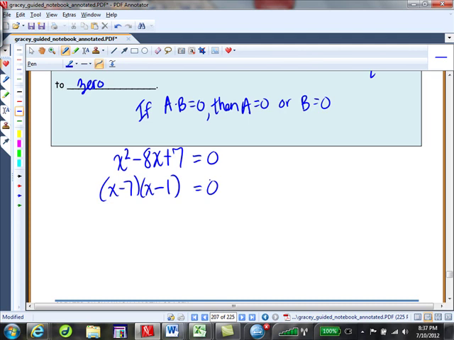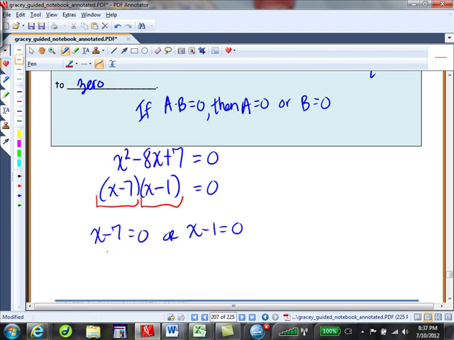Now, what the zero product principle says is that each of these are factors, right, that I've kind of grouped right here. So what that means is that either x minus 7 is 0 or x minus 1 is 0. Or both. Hey, that works too.